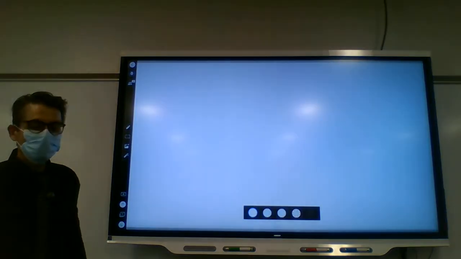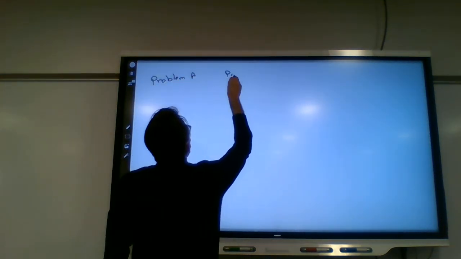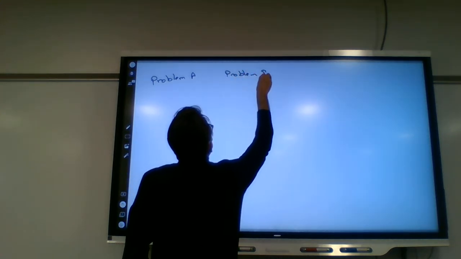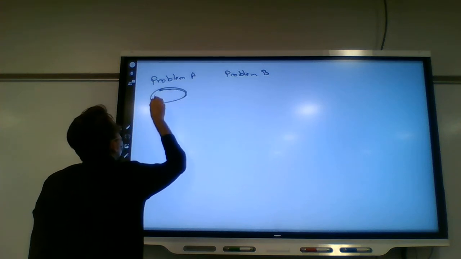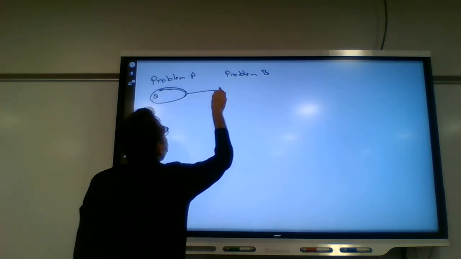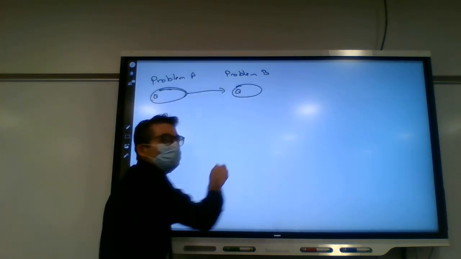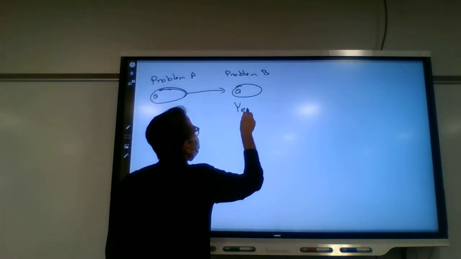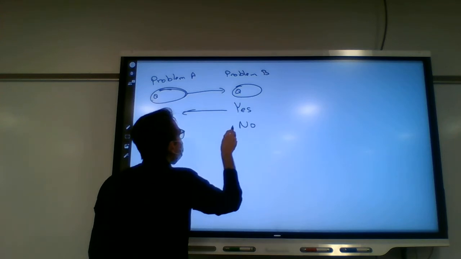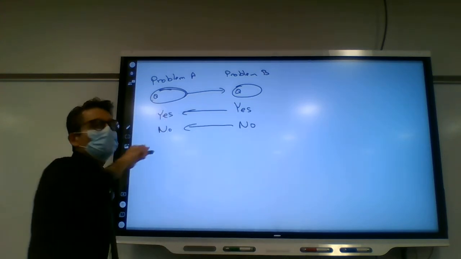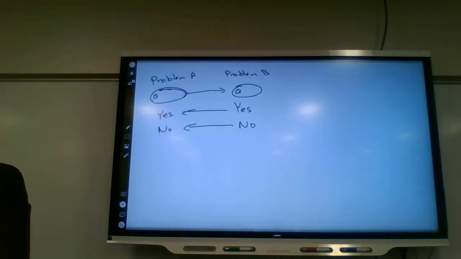We want to reduce problem A to problem B. We need to take this question, here's a yes or no question, and we turn it into a question over here, so that a yes answer on this side means a yes answer on that side, and a no answer to this question means a no answer to that question.